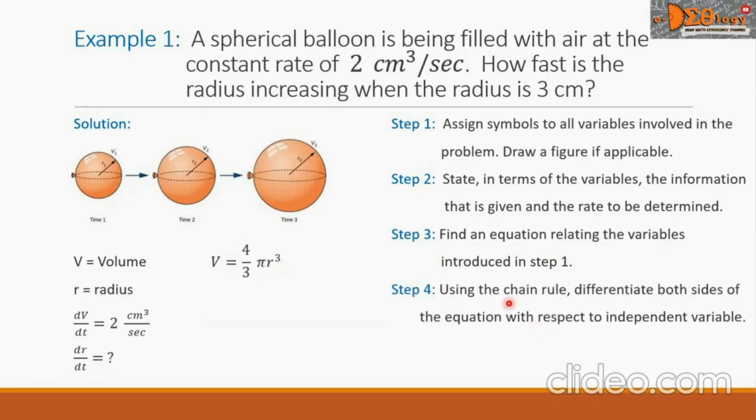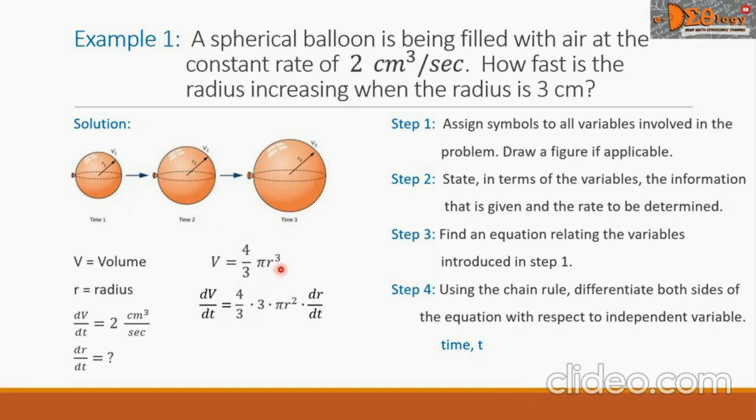Step 4. Using the chain rule, differentiate both sides of the equation with respect to the independent variable. The independent variable here is the time, denoted by t. So let us now take the derivative of this equation with respect to time. So we have dV over dt on the left side is equal to the constant 4 over 3 we copy down here, and then we will take the derivative of r cubed with respect to the chain rule.